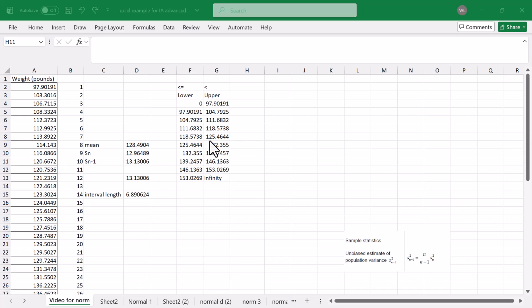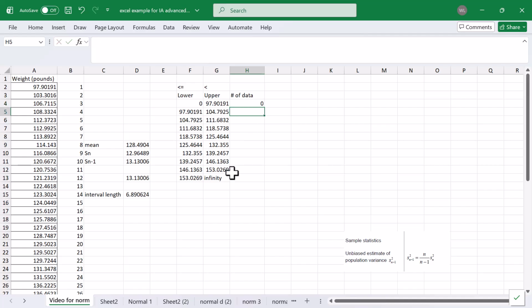After you set up these intervals, you will count how many data in each interval. For each interval, we will use greater than or equal to lower bound, less than upper bound to count. So this will be 0.